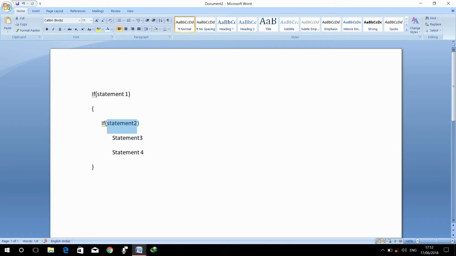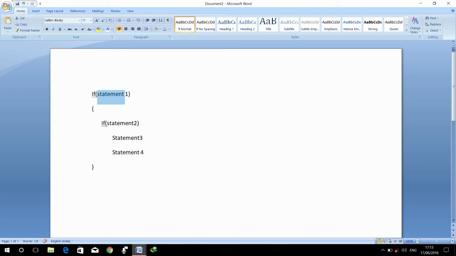Now let's take another look: if statement number 1 is true and statement number 2 is false, then the statement connected to this particular if will not execute. If this statement is false, then this statement will not execute and this statement will execute. If statement 1 is not true, then the compiler does not execute anything, because it does not go into the nested if or into the braces. So this is about the nested if.